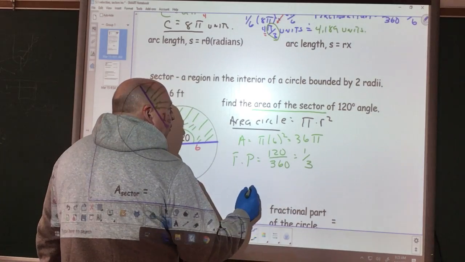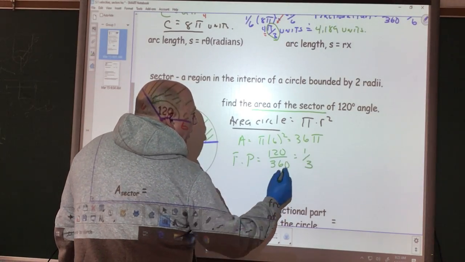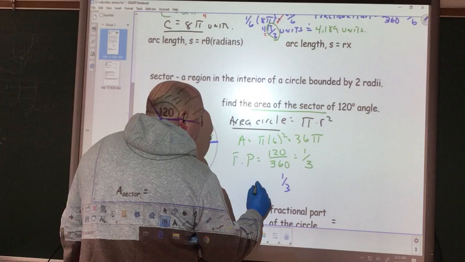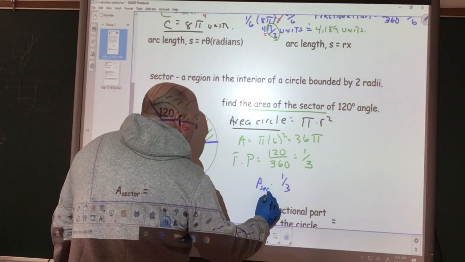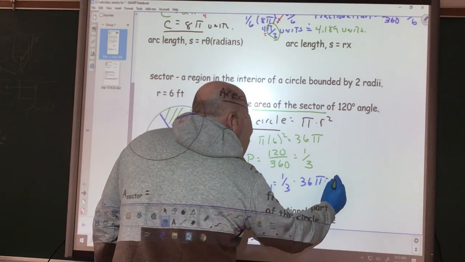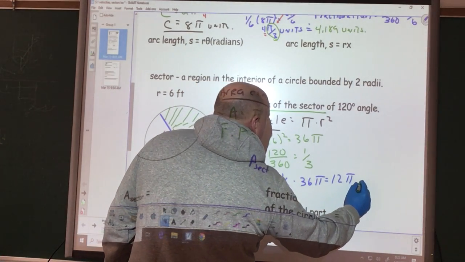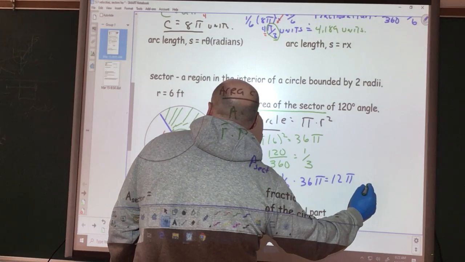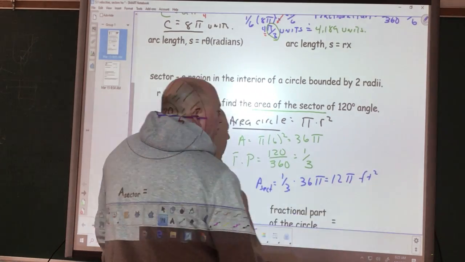So we can take our fractional part, which is 1/3, times 36 pi, which gives me a value of 12 pi, feet squared.